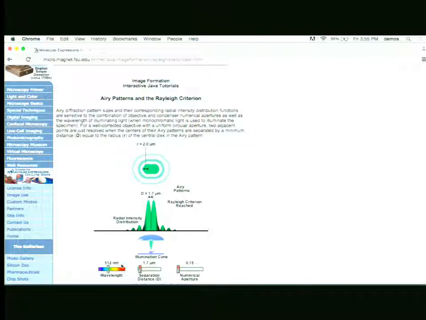Now, one way of doing that actually is by changing the wavelength of the light, because the angle at which you can resolve these gets greater if the wavelength gets shorter. You can actually see them separate more.